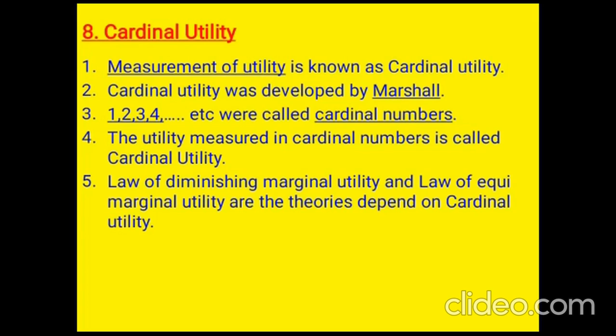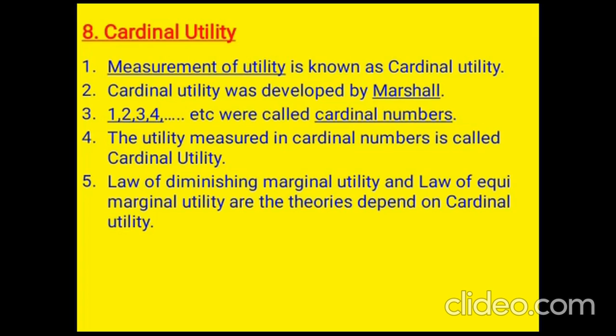Then he attains equilibrium. See here, the law of equimarginal utility and the law of diminishing marginal utility are theories that depend on cardinal utility. Once again, what is cardinal utility?